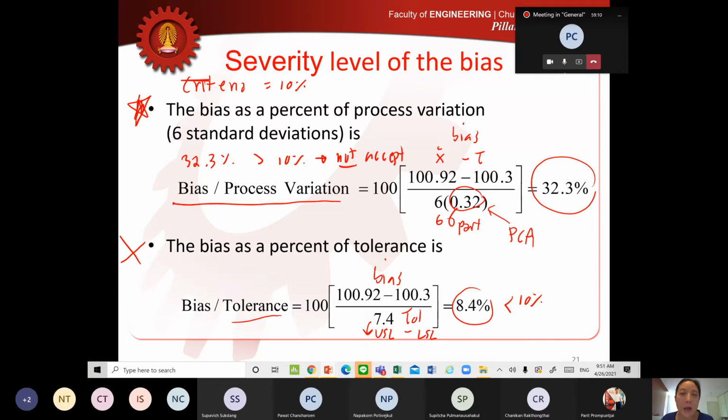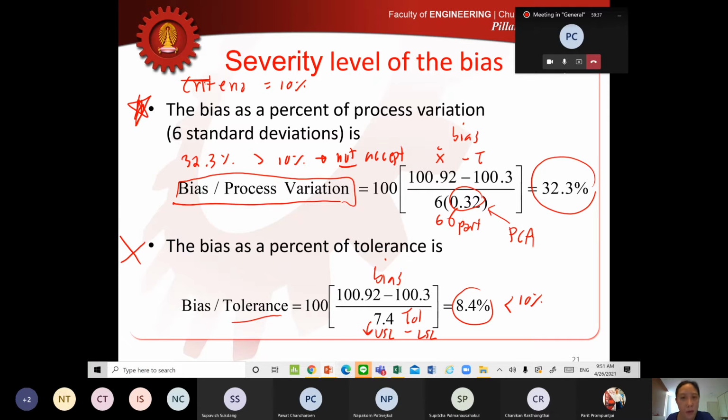So, coming back to the decision: since this indicator is greater than 10%, we will not accept the accuracy of the measurement system, or we believe that the bias is too large. So we have to fix it.